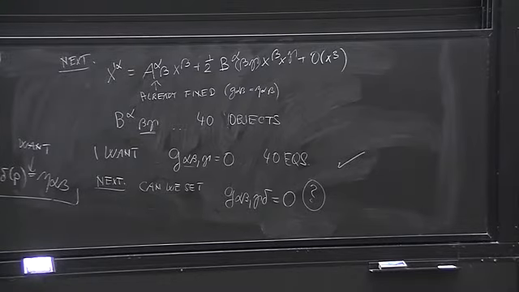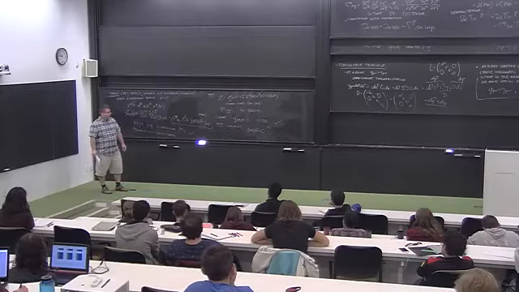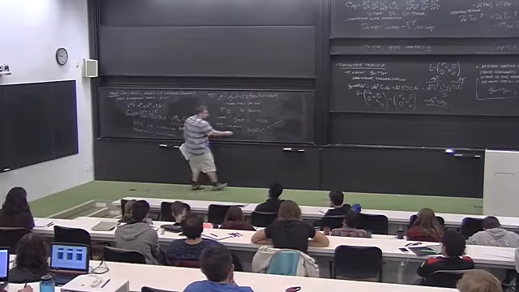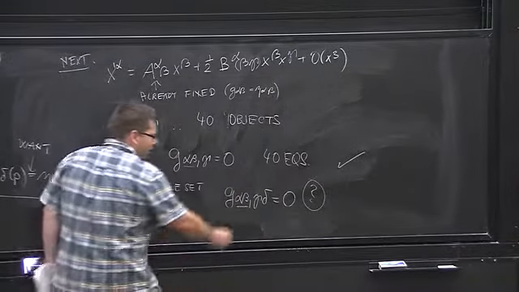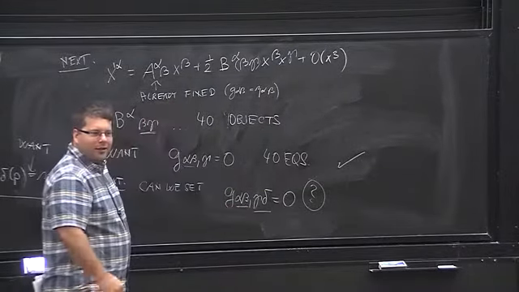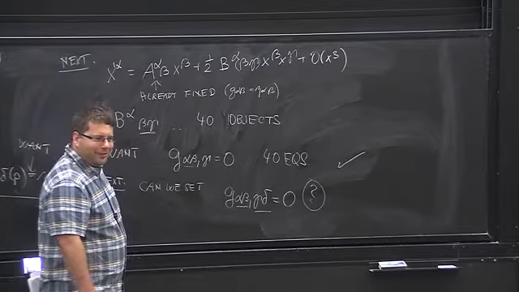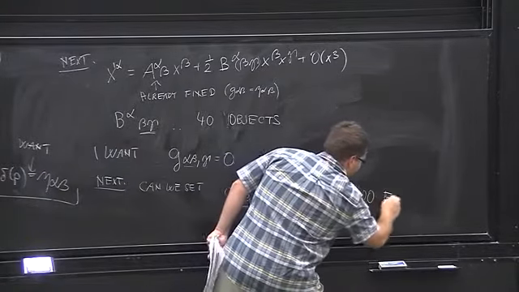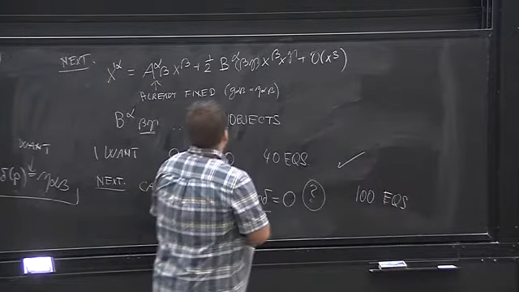160. Say 100. So this guy is symmetric, right? So it's 10. What about this guy? So 100. So 100 equations. All right.